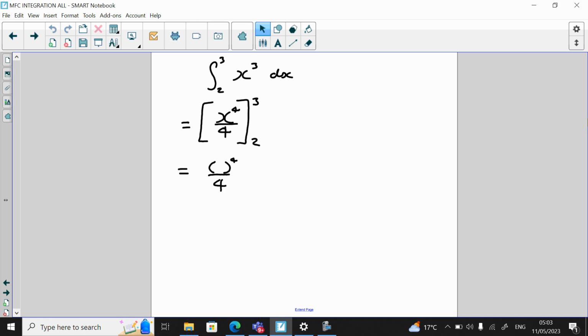I'm removing x because I'm going to insert a number in here. So put it down once, put it down again, and between them, I'm going to subtract. We're now going to evaluate with my limits of integration. The one on the left takes the upper limit. The one on the right takes the lower limit.